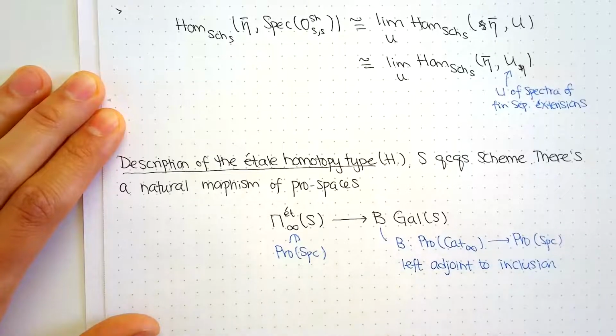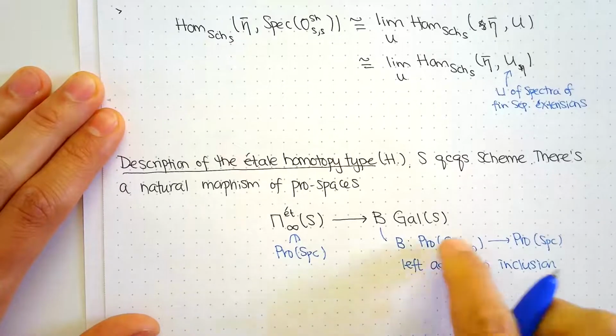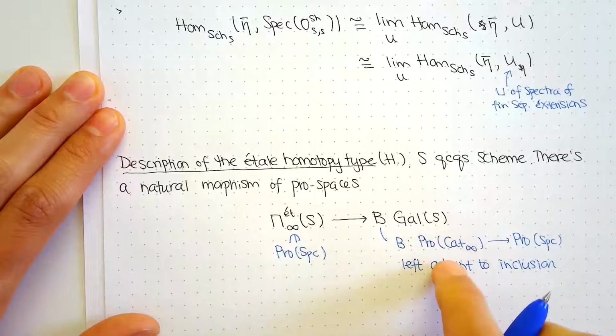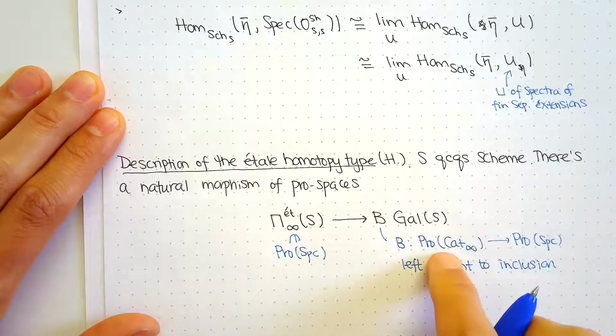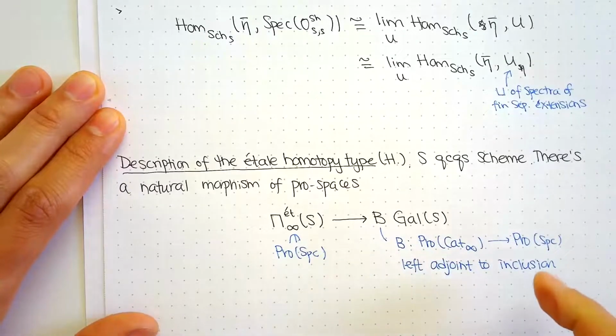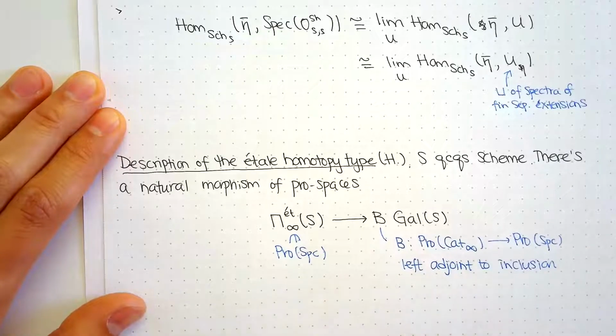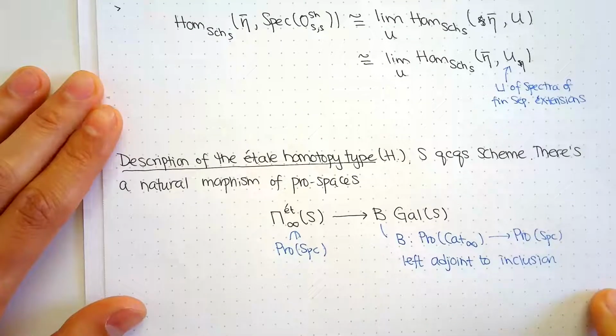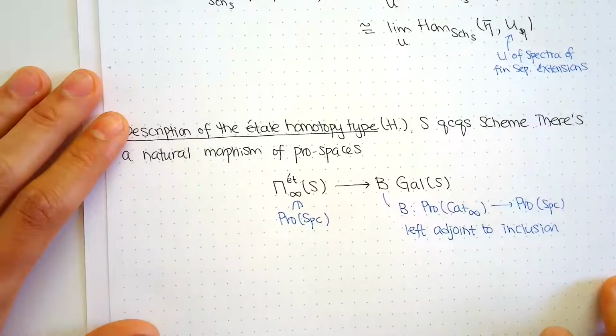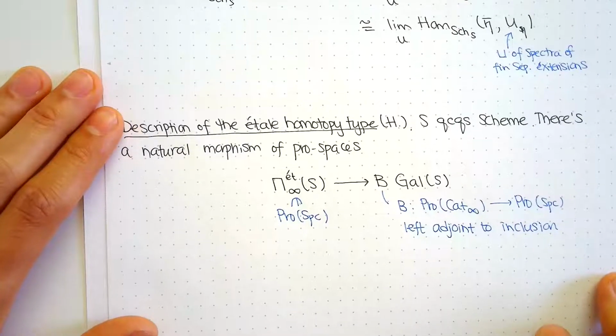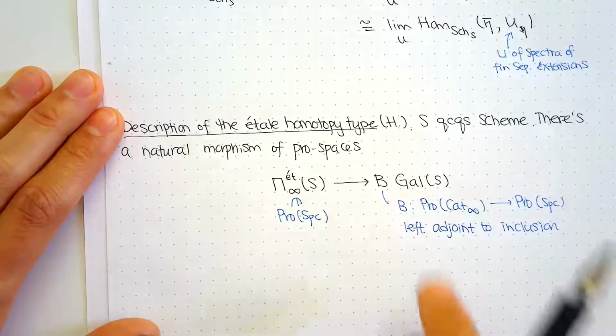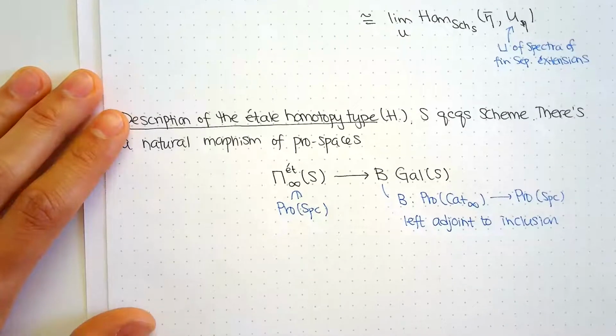If you think about this as some cofiltered system of infinity categories, you're basically just inverting things level-wise, is how you should think of this. That's not quite accurate, but it doesn't lead you too far astray.